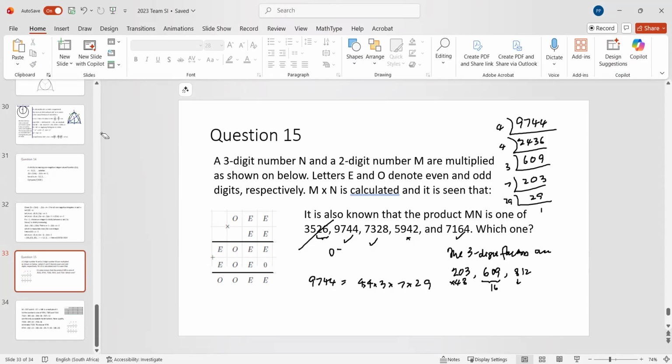I pressed one of these buttons in error. Hmm. Uh-oh.